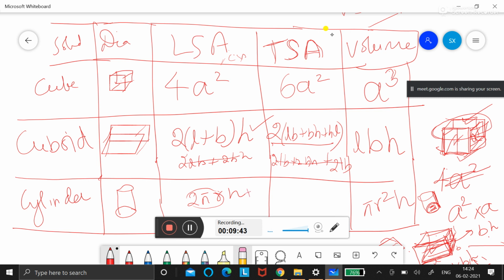Then you add top and bottom. Top and bottom is pi r square each, so 2 pi r square. So 2 pi r into r plus h is the TSA of a cylinder. I will explain with the paper on Monday.